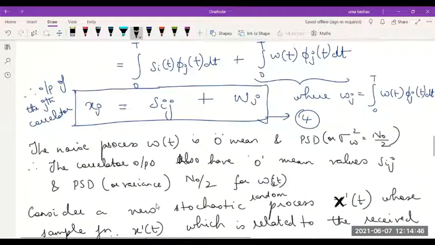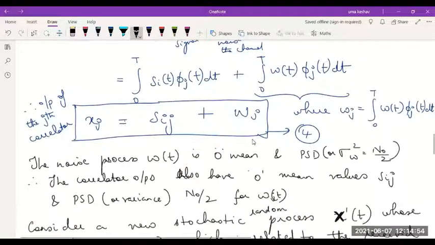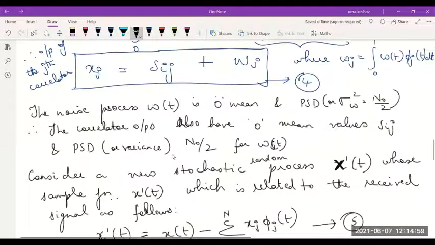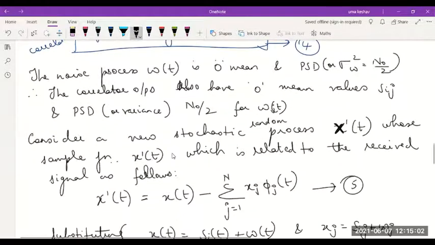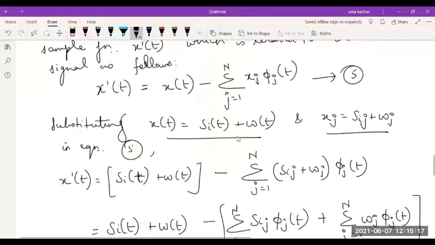So we'll consider that representation, and we were able to show that xj could also be represented as Sij plus Wj. And later on, we wanted to show whether the final output could be written in terms of signal plus noise. So we considered a new random signal x dash of t, which was defined as the received signal minus some value. And that value we tried to simplify by substituting for the received signal and this xj.